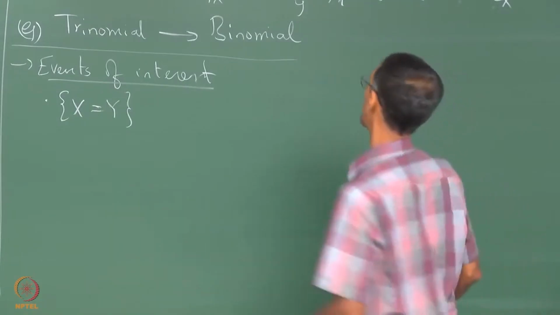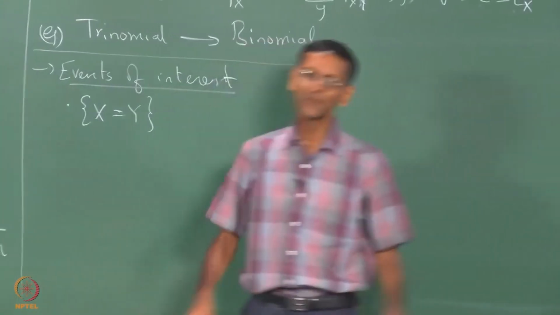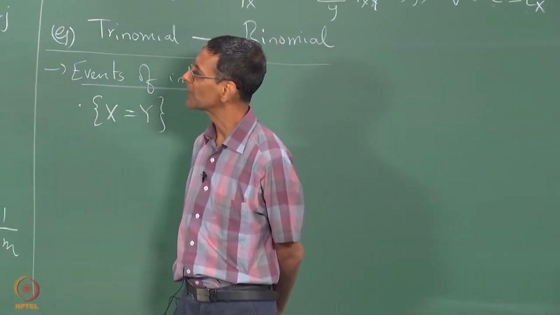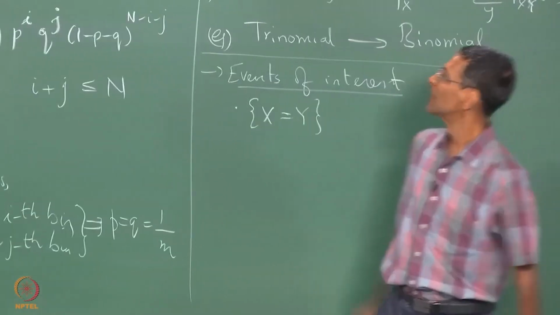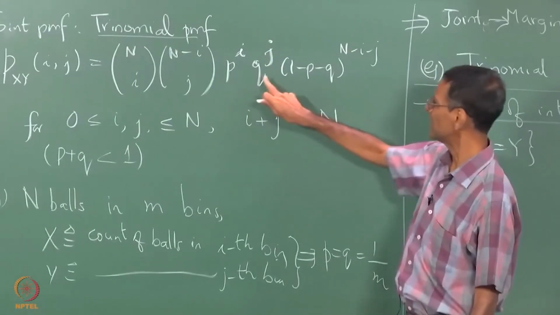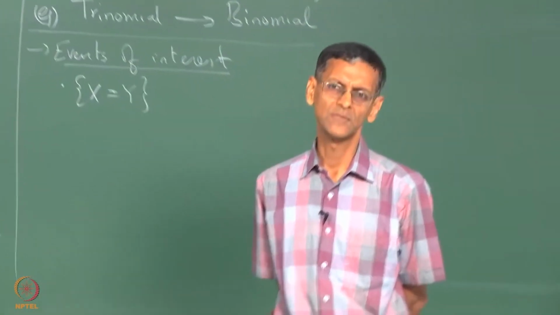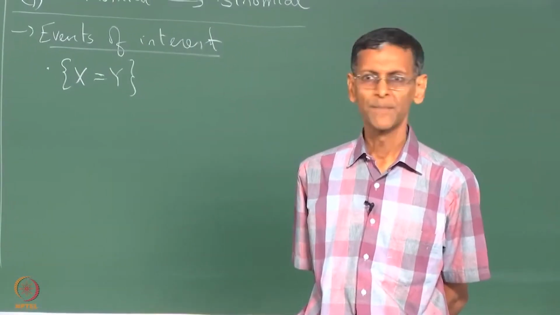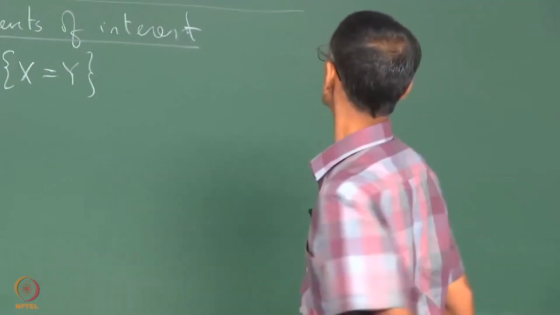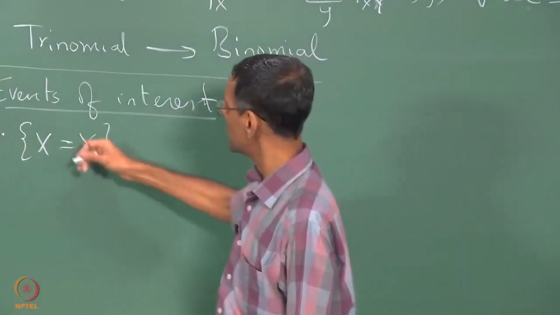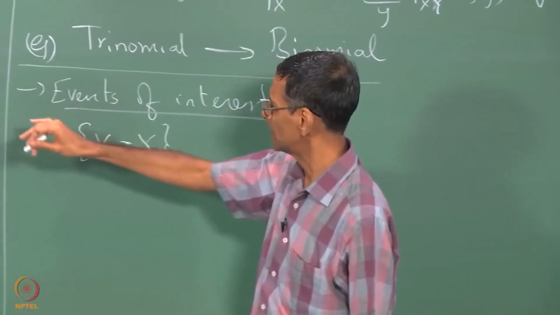So, this event happens whenever, for example, in the trinomial example, the count of event 1, which occurs with probability p, equals the count of event number 2. I called them 1 and 2 yesterday. So, we have to continue with that. In the case of the trinomial, we put that on hold.